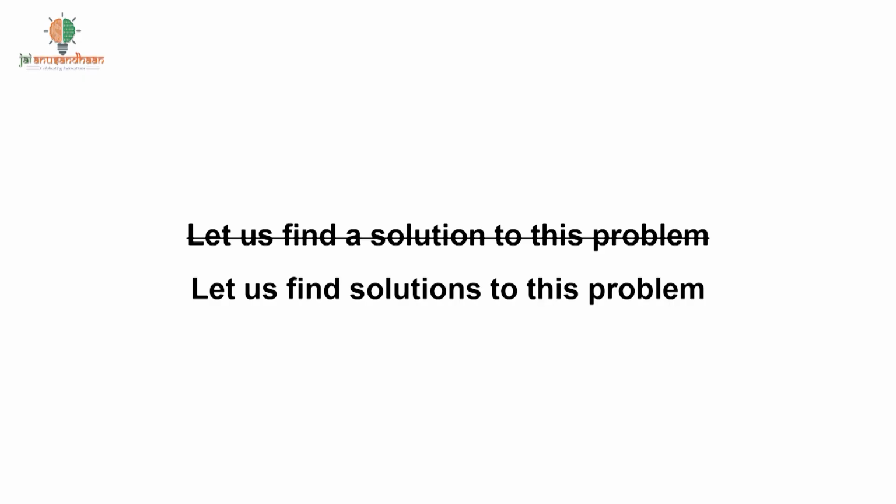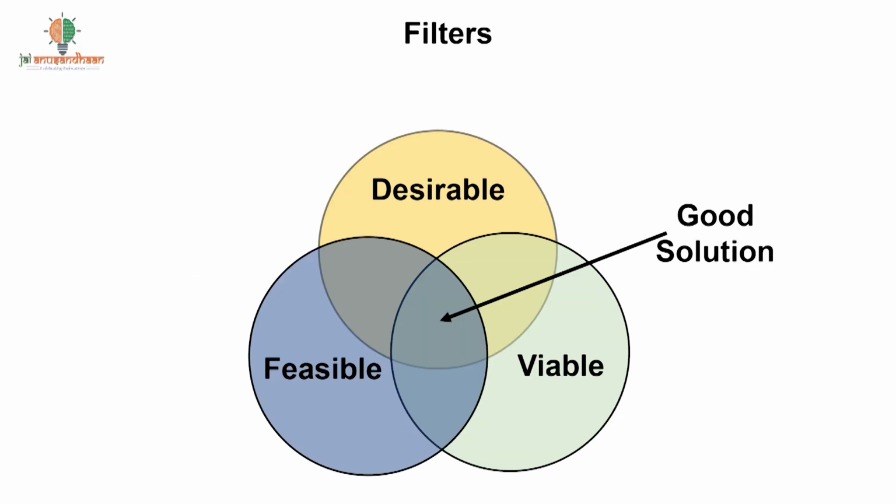So usually we say, once I have a problem defined, let's write down as many solutions as possible for this problem, list all of them without leaving any, and then keep eliminating the solutions based on filters. Let's say I have 20 solutions. 5 solutions are going to be extremely expensive, which people are not going to afford.